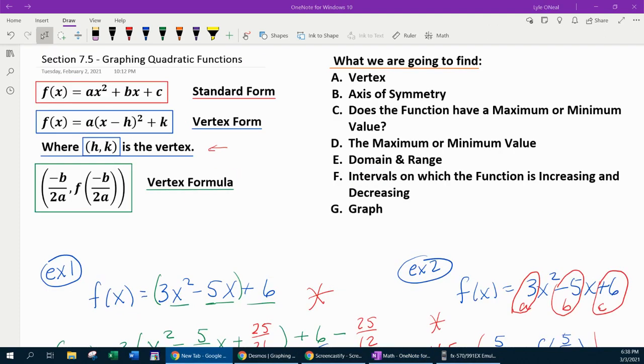So now that we've discussed converting back and forth between standard form and vertex form, it's time to get down to business. We're going to focus on the actual meat and potatoes of this lesson, which is finding stuff. We're going to focus on finding the vertex, axis of symmetry, maximum and minimum values where they exist, domain and range, increasing and decreasing, and sketching the graph.